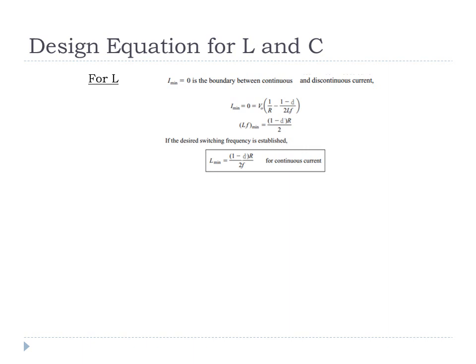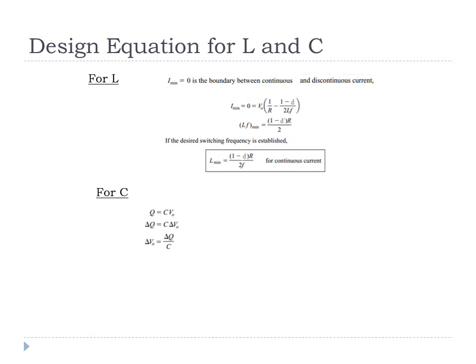Putting it equal to 0, we find out the value of inductor L equals (1 minus D) into R upon 2 into F, and this is the minimum value of inductor required for the continuous current mode conduction, which means that while designing the circuit, you can select the value of inductor which is higher than the calculated value L minimum.